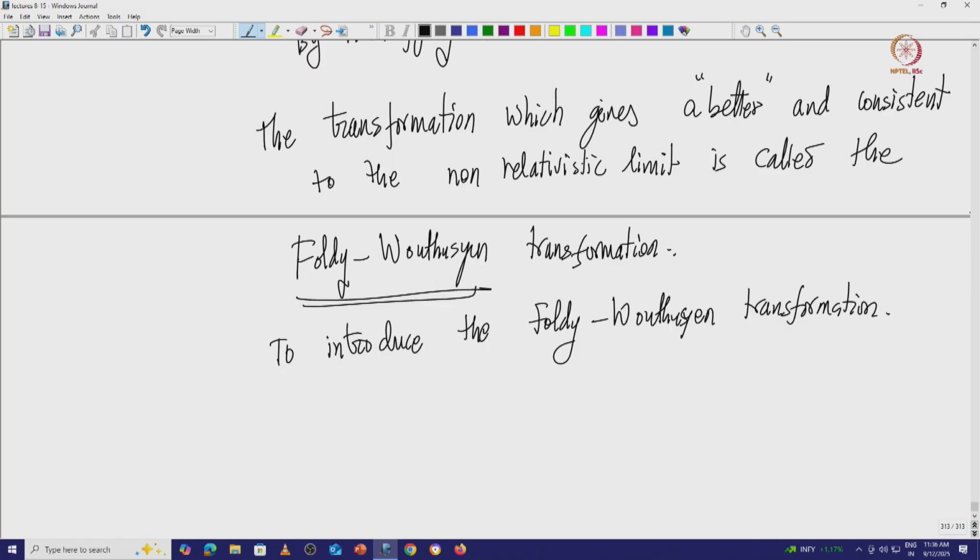Okay. So that is the basic idea, that you should unitarily transform a relativistic system to a non-relativistic system rather than just arbitrarily choosing a particular wave function and deriving this.